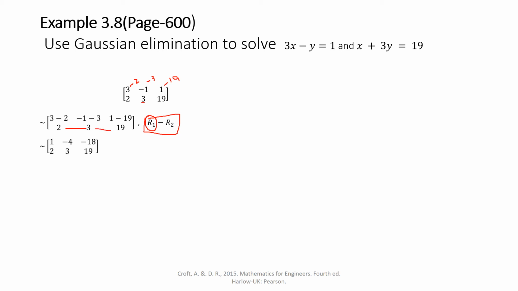Now next, after simplification, this is 1, this is minus 4, this is minus 18.